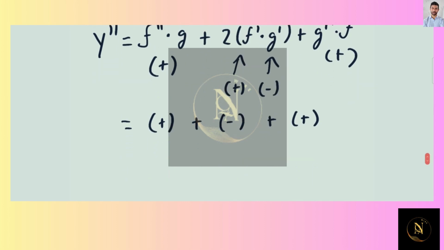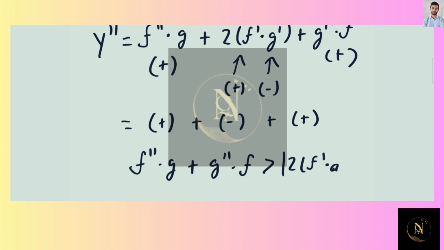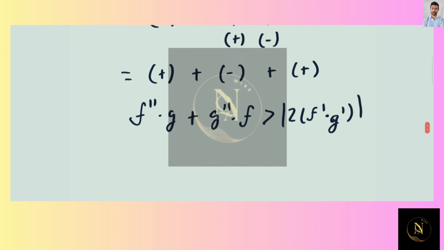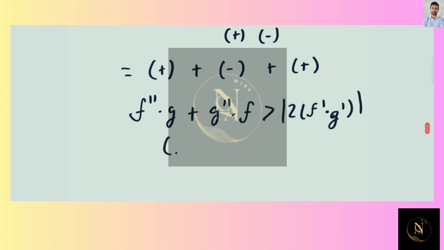So if we were to try and make this concave up, we would need f double prime times g plus g double prime times f to be greater than the absolute value of 2 times f prime times g prime.